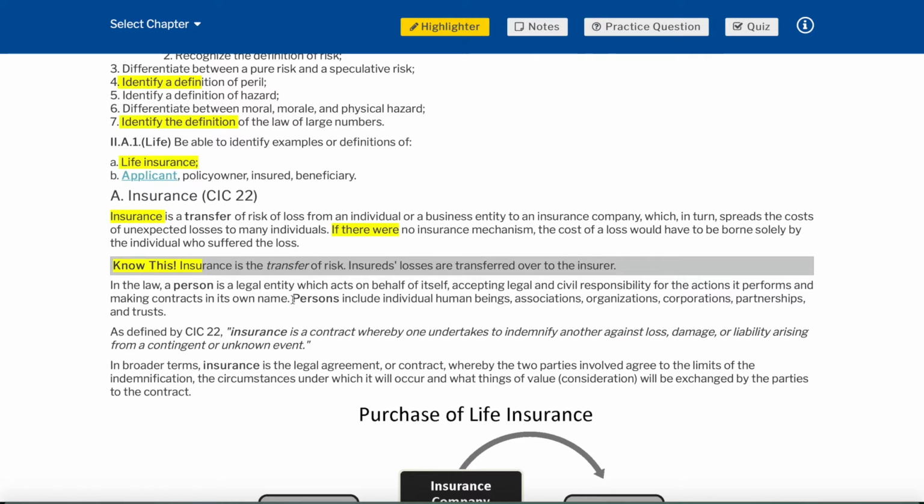In the law, a person is a legal entity which acts on behalf of itself, accepting legal and civil responsibility for the actions it performs and making contracts in its own name. Persons include individual human beings, associations, organizations, corporations, partnerships, and trusts, as defined by CIC 22.